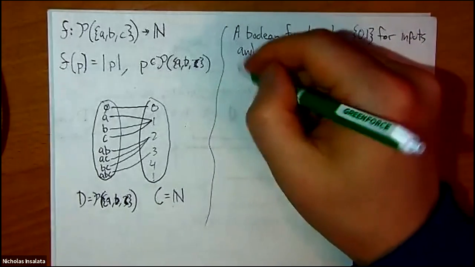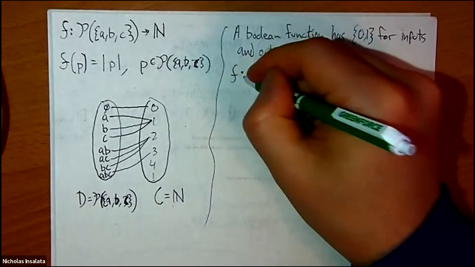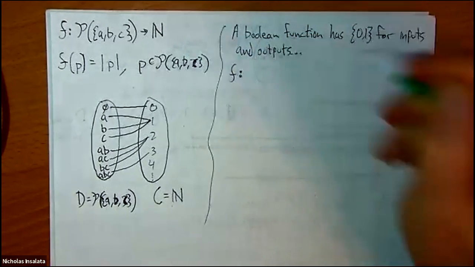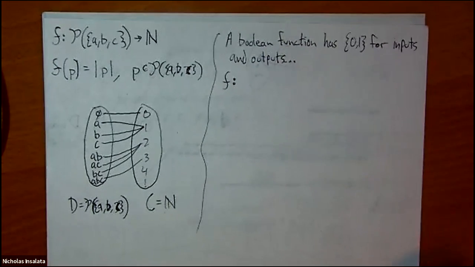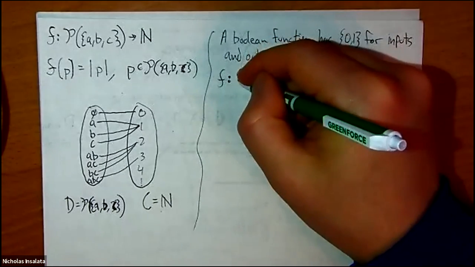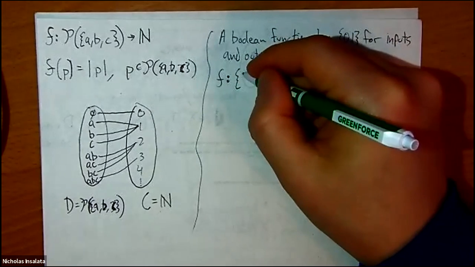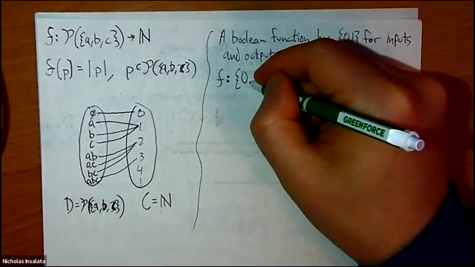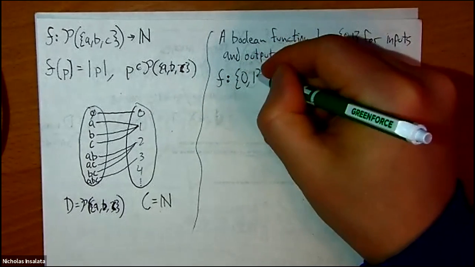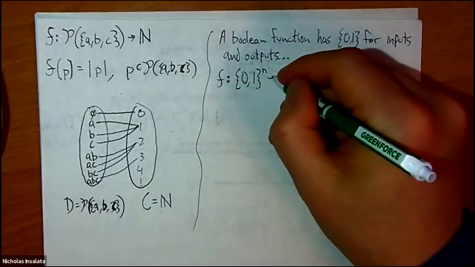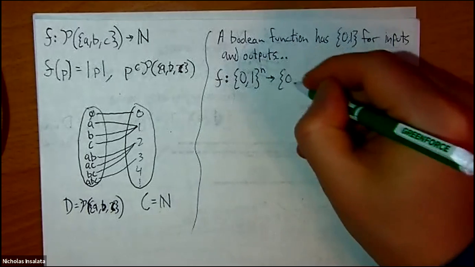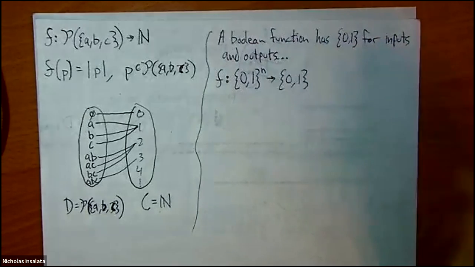So a Boolean function, f, and it looks like we're just doing single output functions here, right? So the inputs, the domain, are going to be some cross product of {0, 1} in n dimensions mapped to a single output of either 0 or 1.